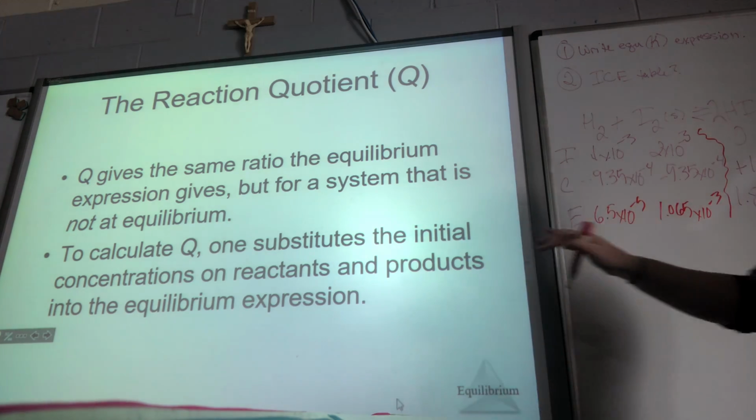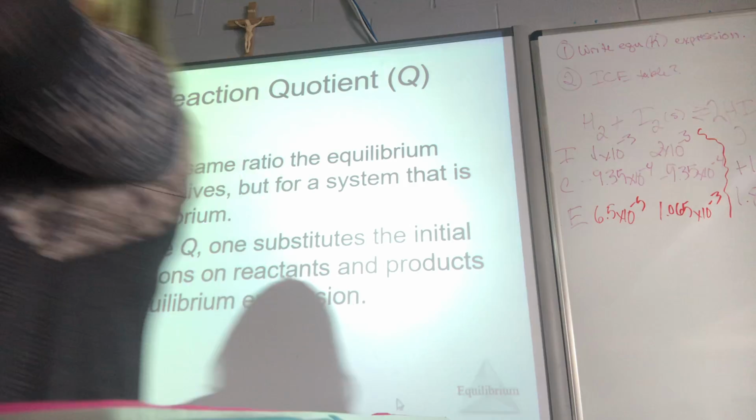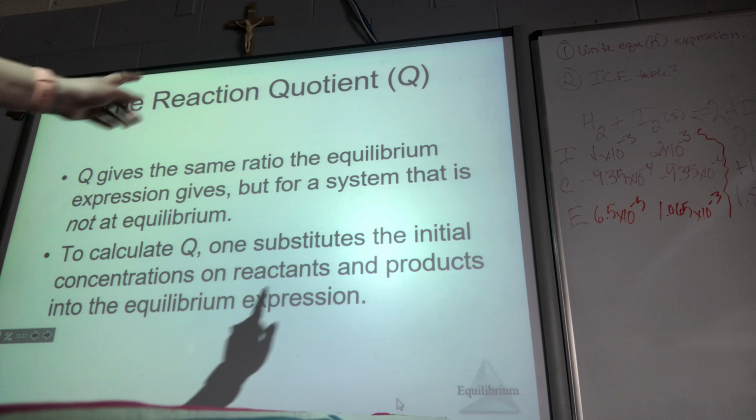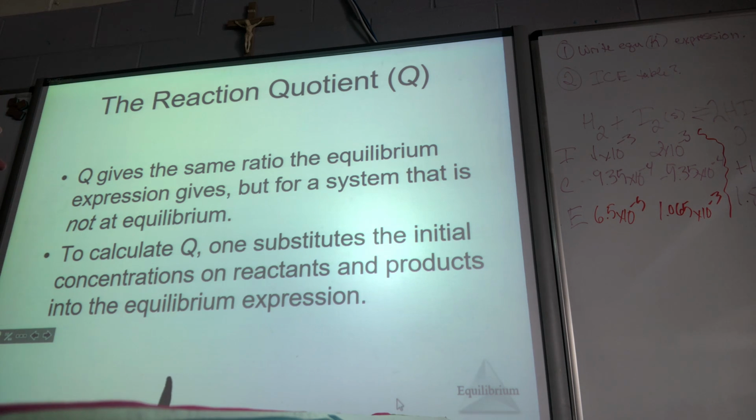All right. So, at this point, we have a way of analyzing what happens at equilibrium. If we want to compare what is supposed to happen at equilibrium with what is happening outside of equilibrium, we are going to introduce this idea of Q, the reaction quotient.